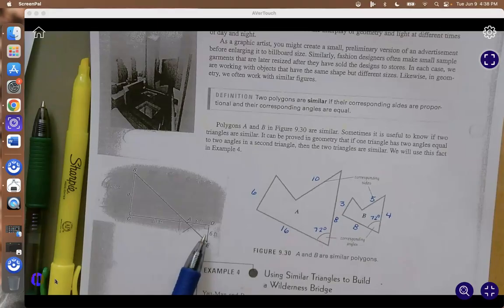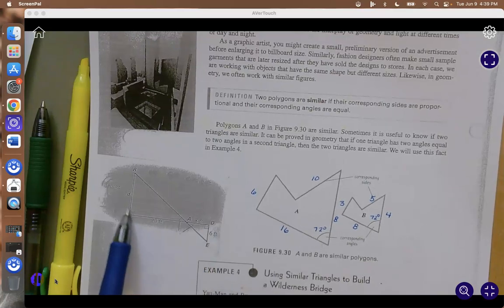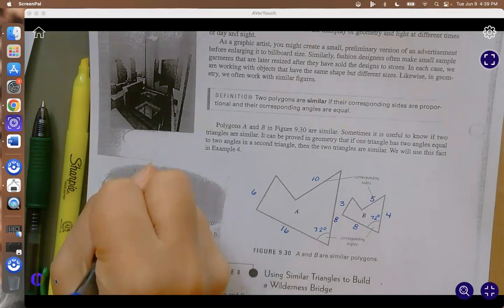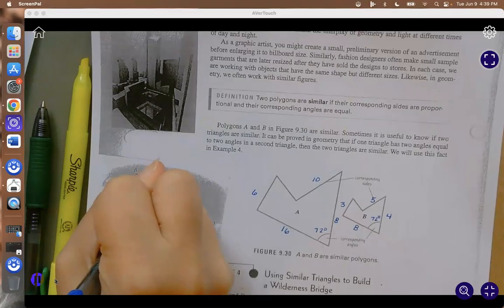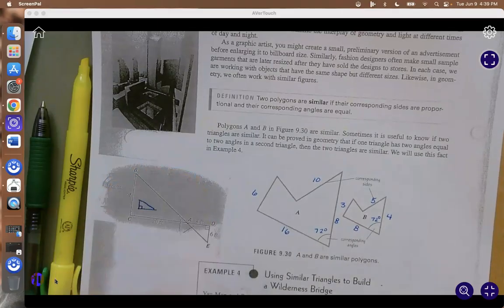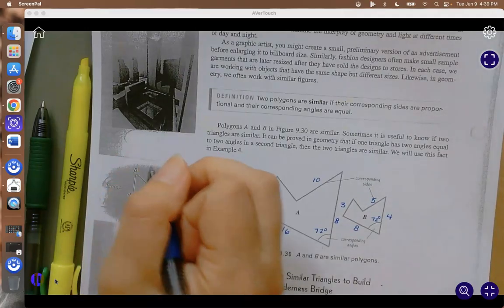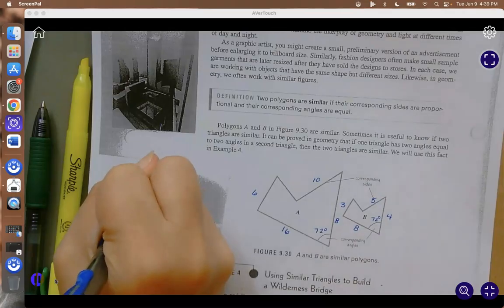Now, look right here. What you have to do is you have to match this right angle up to this one. So it's almost like this thing swings around. Okay? So it's almost like this thing comes like this. Here's your right angle. Okay? This is going to be 8. This is going to be 6.